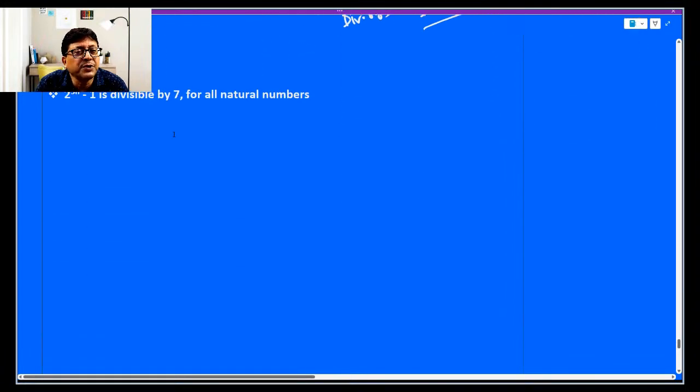Now let us prove this one. 2 to the power 3n minus 1 is divisible by 7. How to prove it? You just think it first, then I'll start. 2 to the power 3n minus 1 is divisible by 7. You just do 1 or 2 steps, then I'll start.